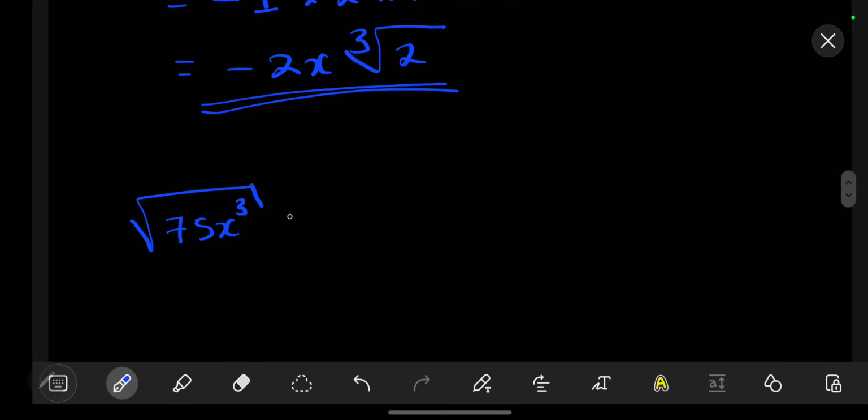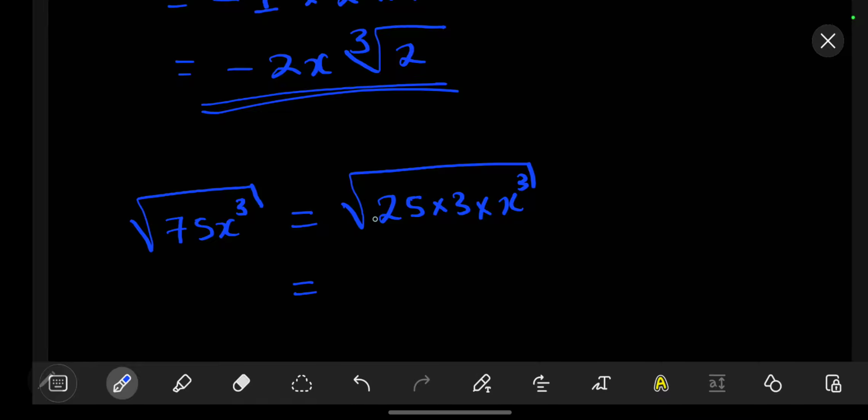So we look for a number that has a square root. In this case, it's 25. So the square root of 75x to the power of 3 is the same as the square root of 25 times 3 times x to the power of 3. Now we can split.